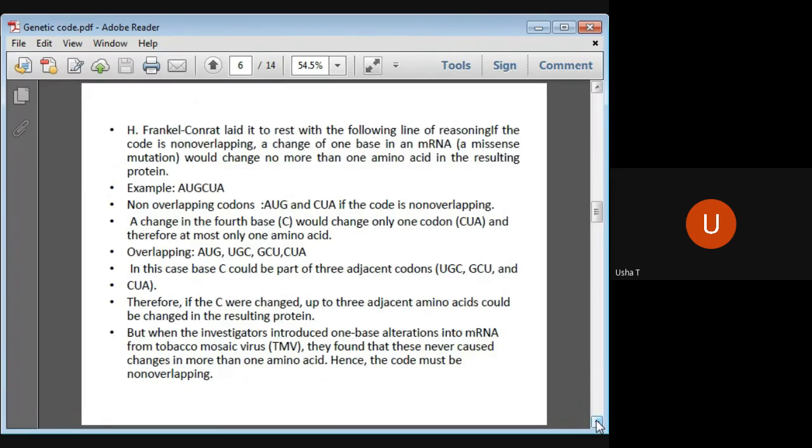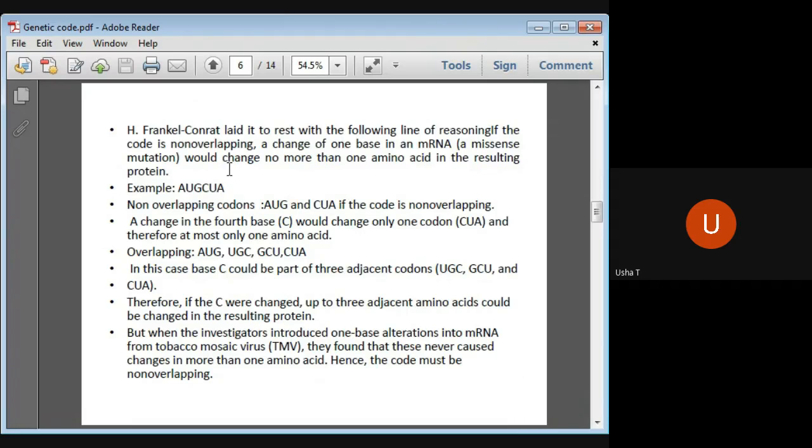So there was an experimental proof to show that it's a non-overlapping code. Crick and Brenner's colleague Frankel-Conrat laid it to rest with the following line of reasoning: if the code is non-overlapping, a change of one base in an mRNA, a missense mutation, would change no more than one amino acid in the resulting protein.